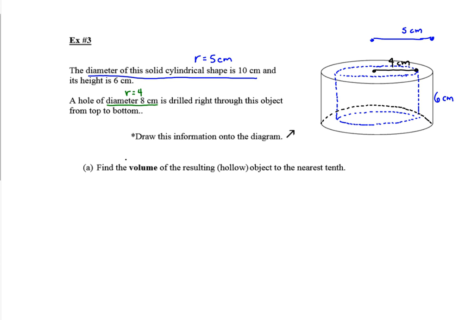Find the volume of the resulting object to the nearest tenth. So we want the volume of what remains. After we drill that other piece out, we're left with this toilet paper roll. What volume of toilet paper?